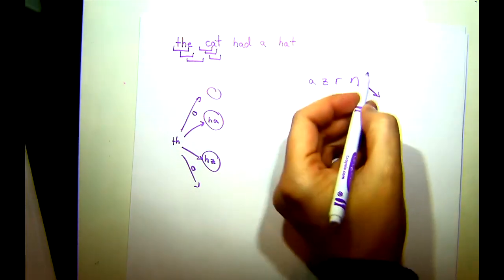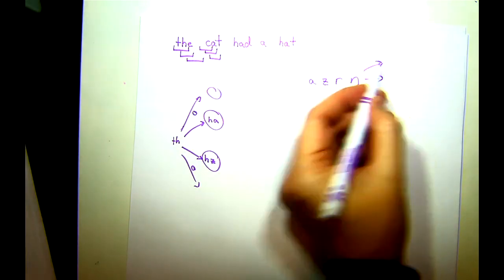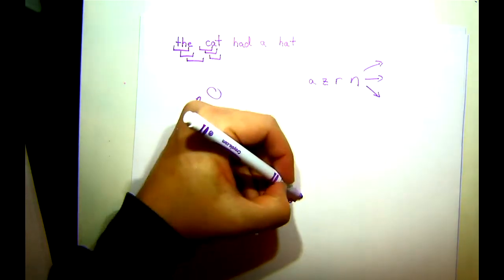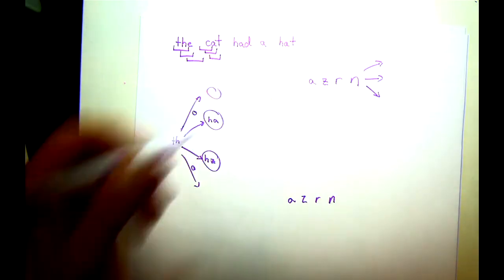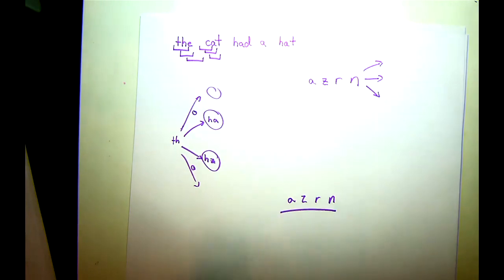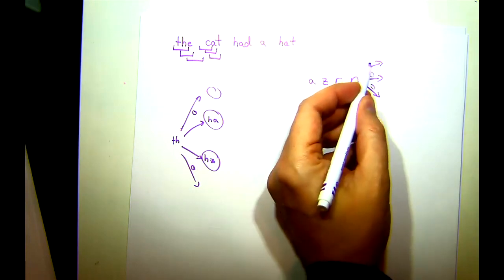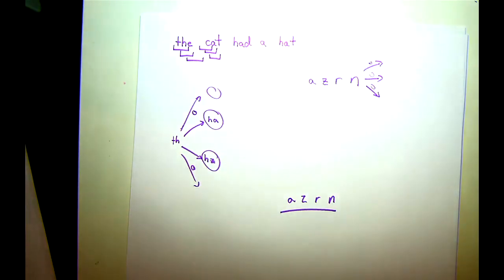And all the probabilities, this never led to anything. So if I were to ever come along and get into a state where this was what I currently had as my sequence, I would have a problem, because all of these would have 0 probability, and I wouldn't know where to go. So there's sort of this sparsity issue we have to fix.